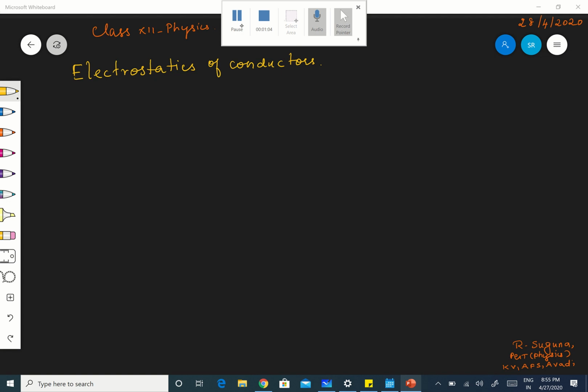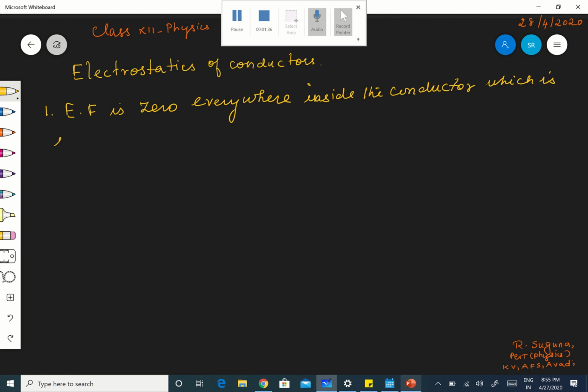What are they? Number one, the electric field is zero everywhere inside the conductor, which is in electrostatic equilibrium.